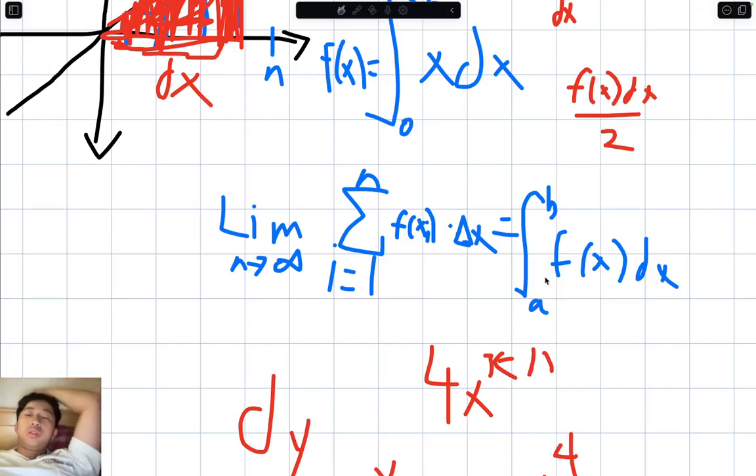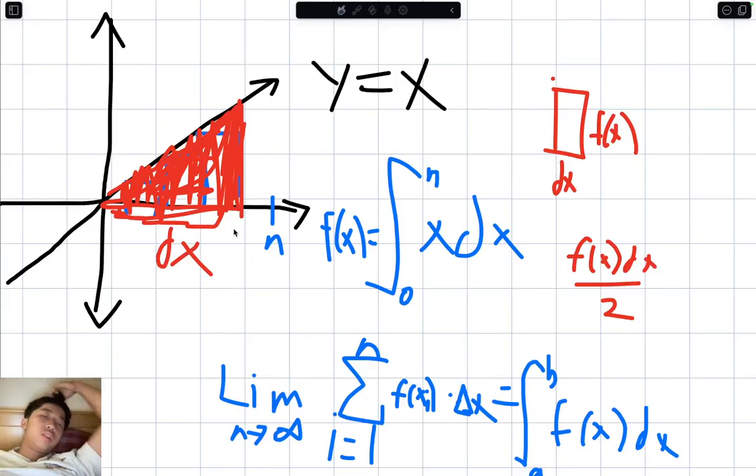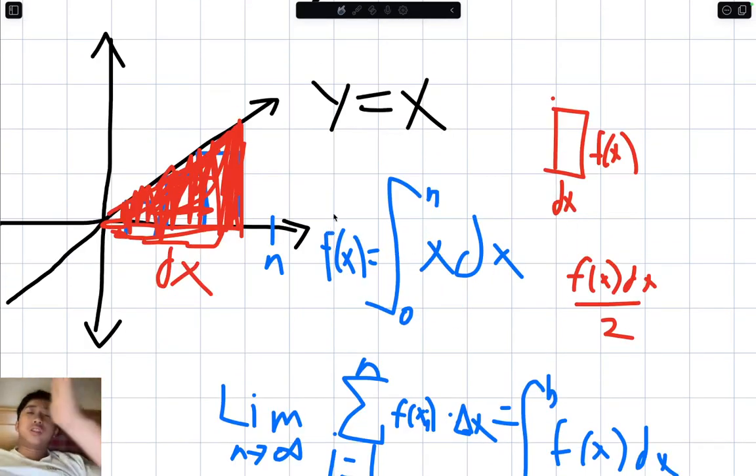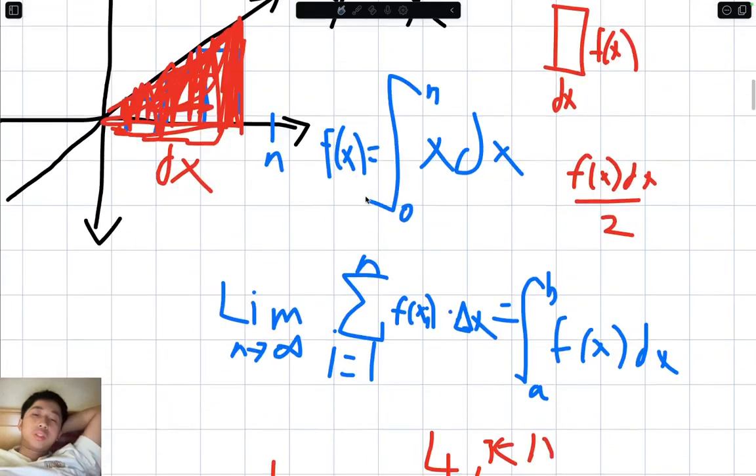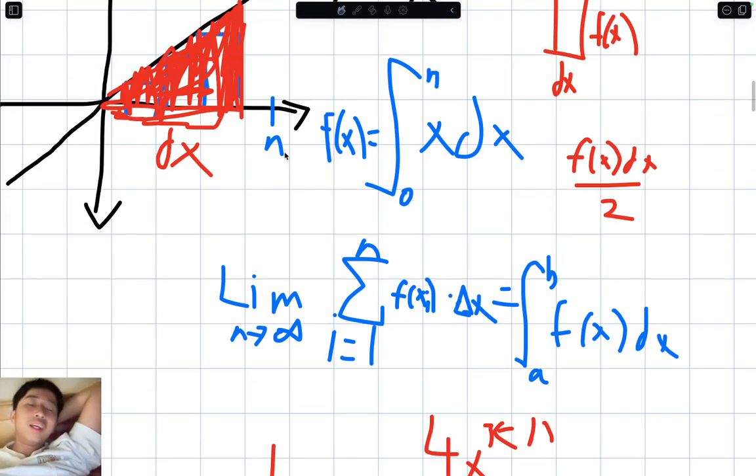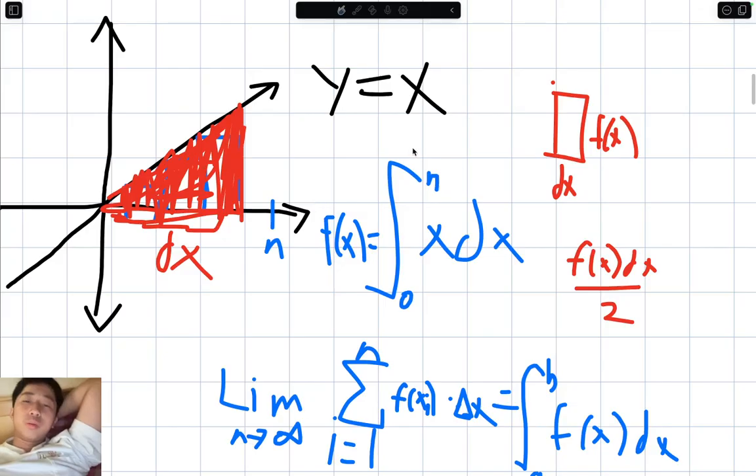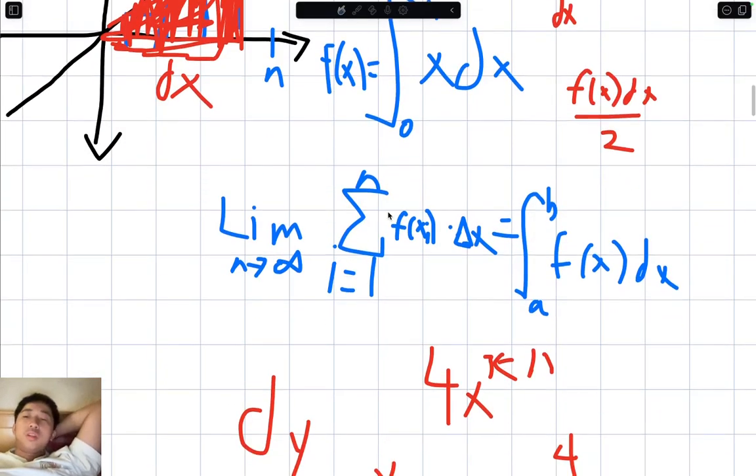So this change in x would be dx, where, as in change in y over change in x, the change in x is so small that it's literally the literal value of the function times very small stuff. It's hard to explain this without being able to draw, but yeah.